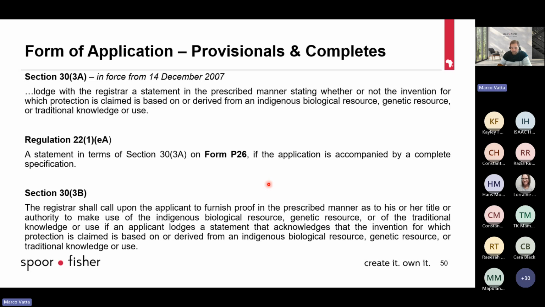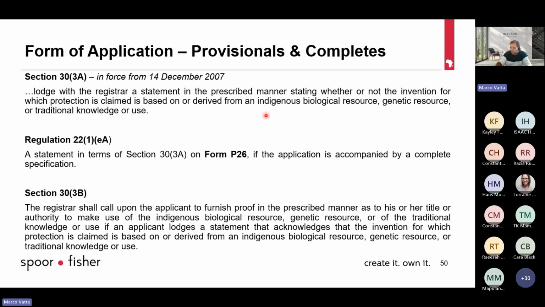This is a very important declaration relating to any inventions that are sought in South Africa, not just in terms of biological material, but also the genetic resources relating to certain biological beings or organisms, and then also the vast amount of traditional knowledge that we have in South Africa.